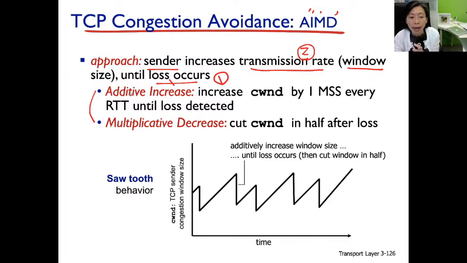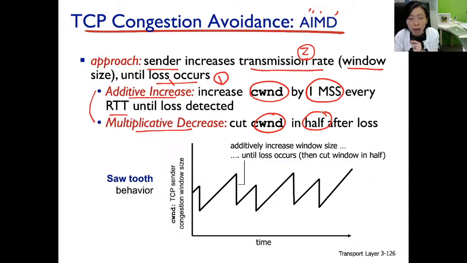So AI describes the increasing process of the sending rate. This is done by setting the window size such that it increases one packet per round trip time. And the decreasing part is cutting the window size to half of it after detecting a packet loss.